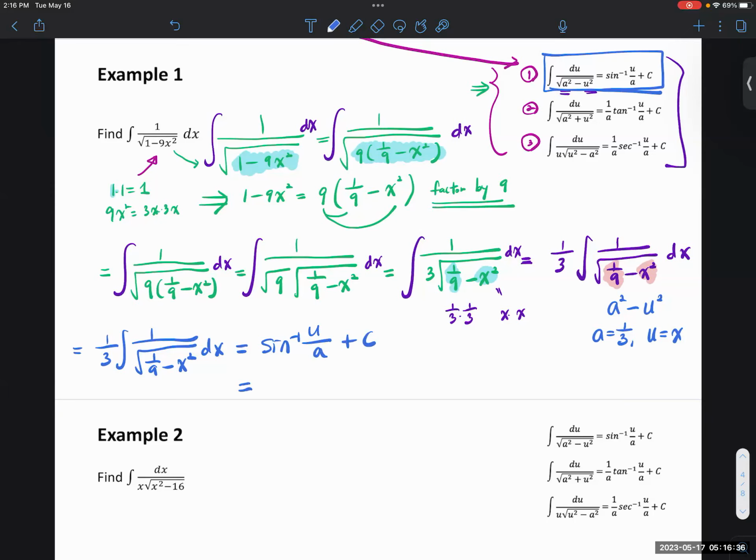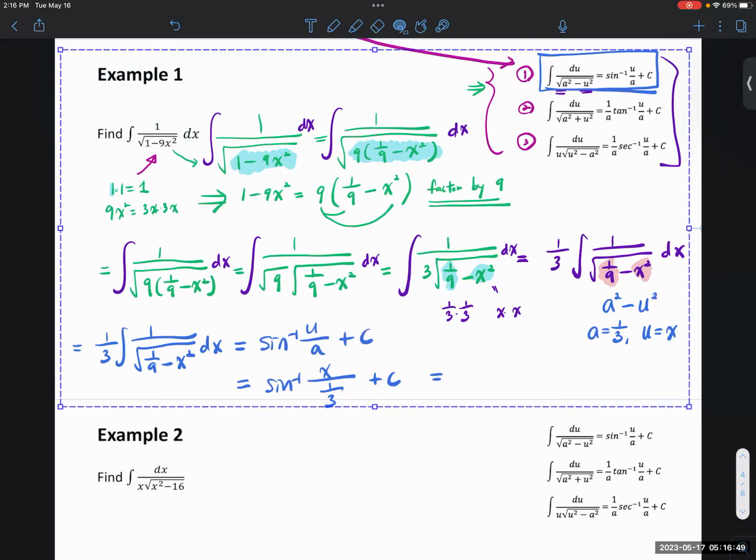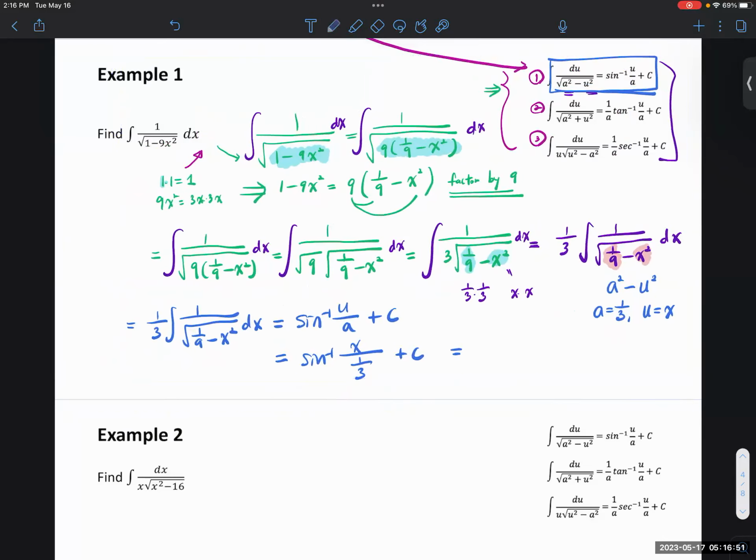And then we know u is x, and a is 1 over 3. And then you can simplify, and let me just minimize a little bit. I can bring this one to the top: sine inverse 3x plus c, and I have a 1 over 3 in the front.